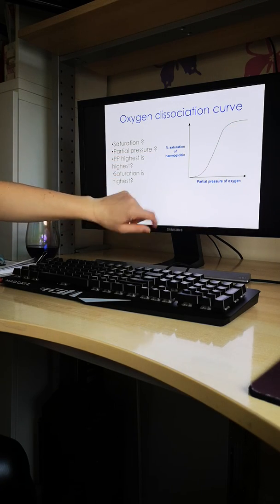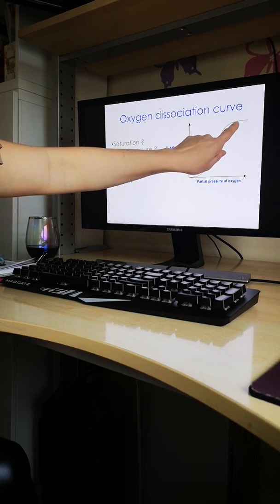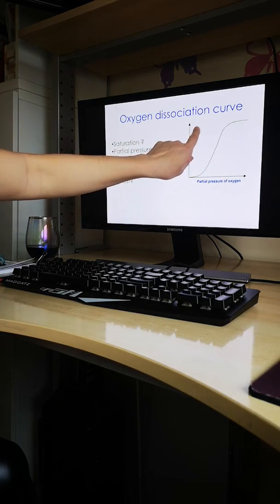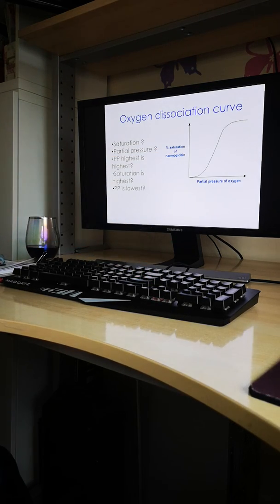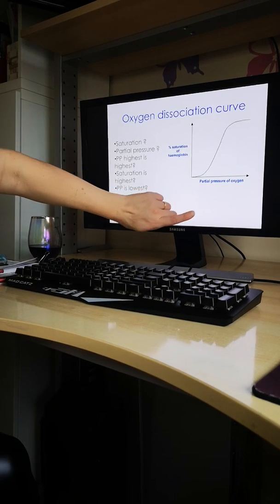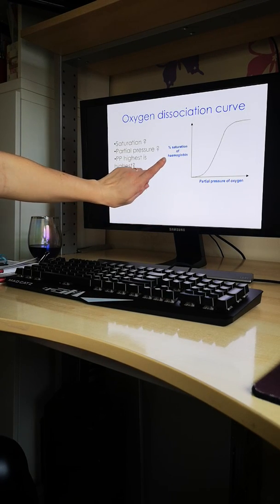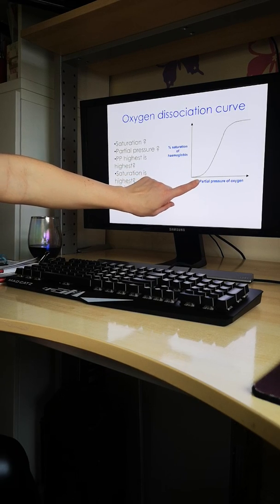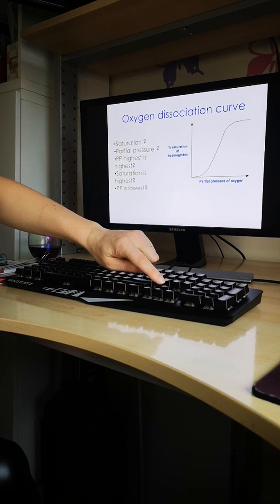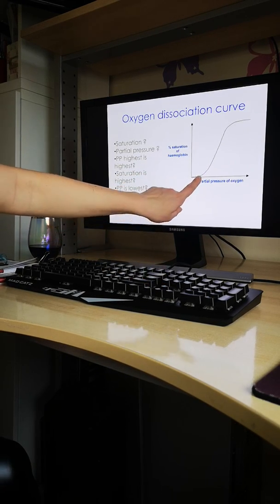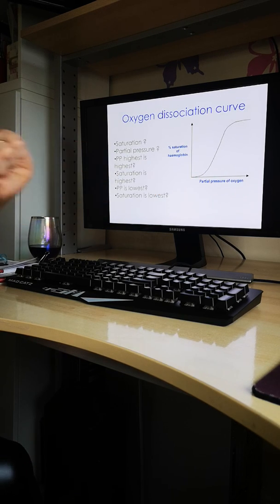Where's saturation the highest? Well, that is also when partial pressure is at the highest. When's partial pressure the lowest in the circulatory system? In your tissues, yeah, and that equates to where haemoglobin saturation is the lowest.